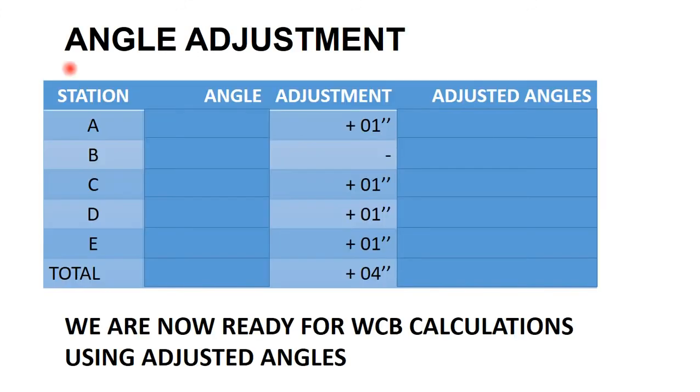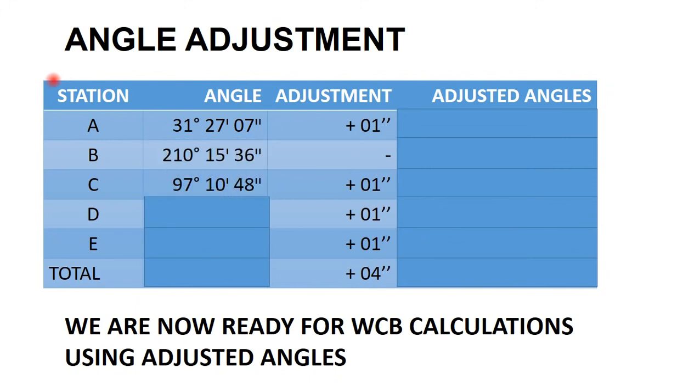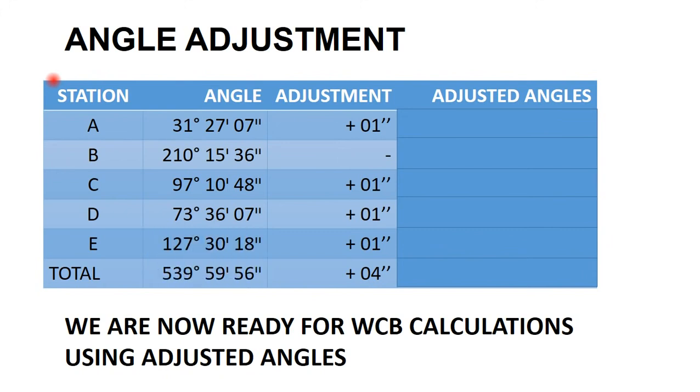So for angle A, we have 37 degrees 27 minutes and 07 seconds. If we add a 1, then we will have the adjusted angles on the other side. In this case, I'm showing the erroneous angles that we have, and the adjustments that we are going to undertake.